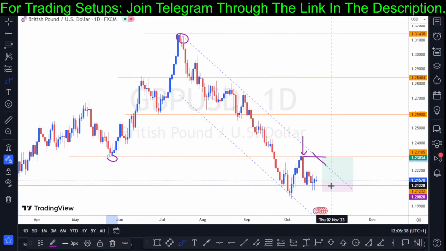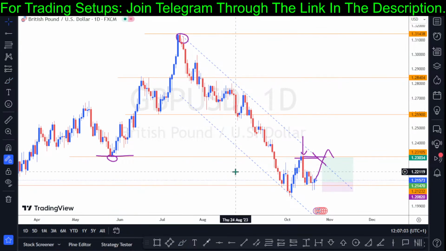Not until price can break this resistance structure can we see the market structure as changed. Only when price breaks this structure will we have an idea that yes, the market structure from the downtrend has changed. Now the market is trying to gravitate into the bullish trend, right? This is where I'm very careful on buying or longing the GBP USD.